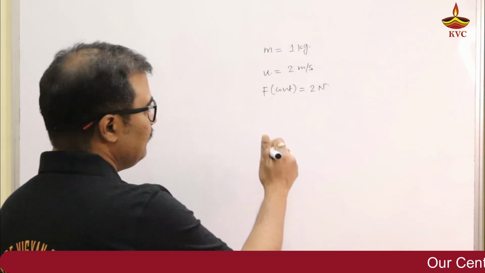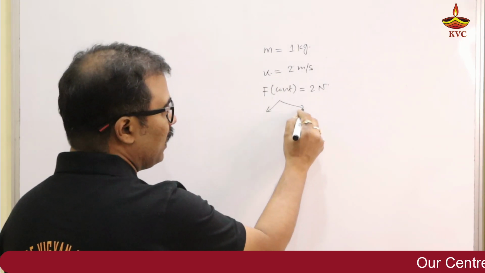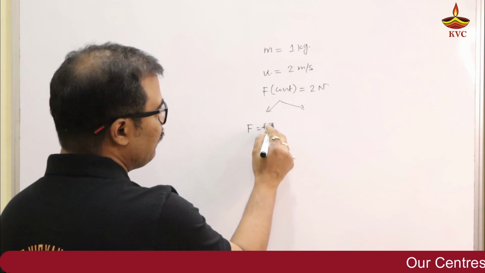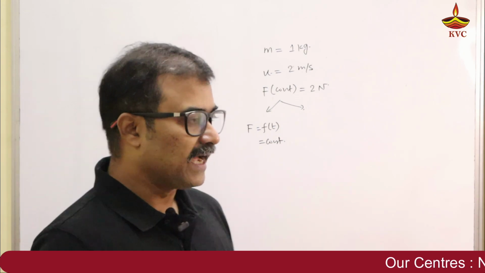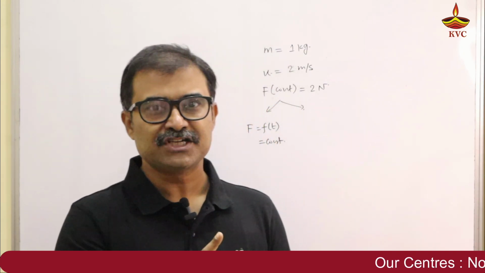Now what is a constant force actually? What do you mean by a constant force? Basically there are two aspects. One, F equals f of t, which is constant. That means with respect to time, the magnitude and direction of force does not change.